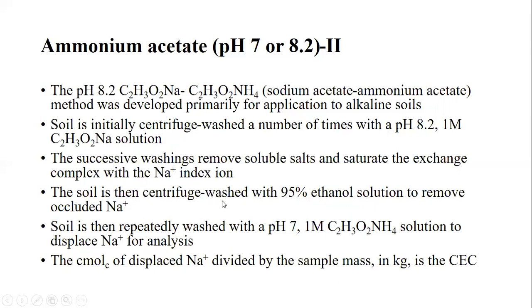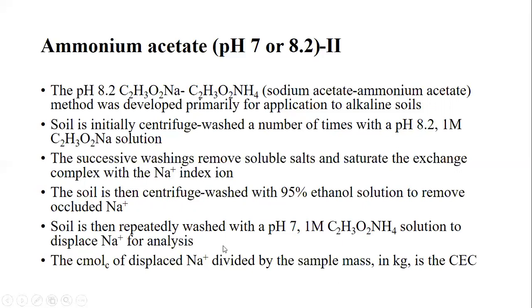But we remove it with something that does not affect the sodium on the exchangeable site. So we remove it with ethanol, with alcohol. We use it several times again. We remove all the occluded, the excess sodium that's not on the exchangeable site, that's on the soil surfaces. We remove it because that will give us errors.